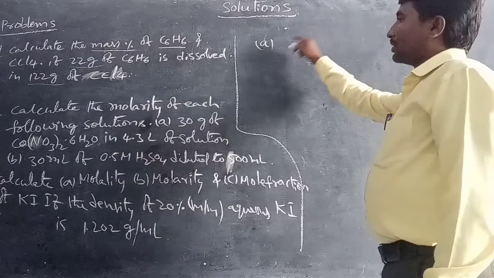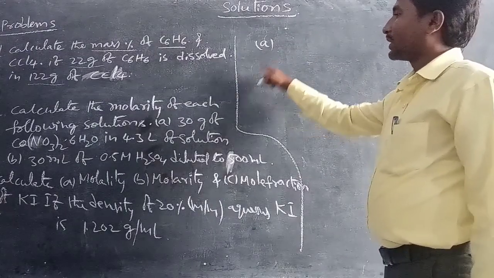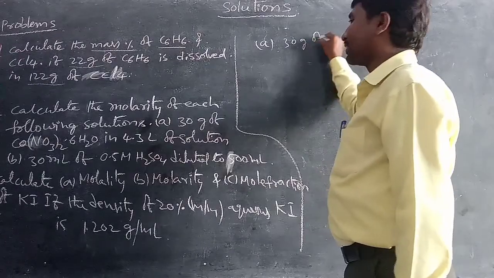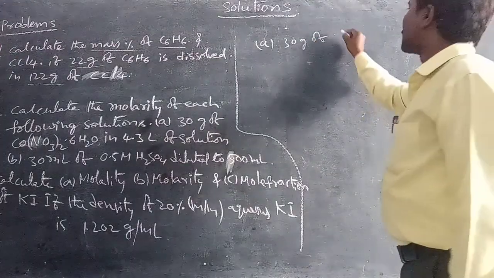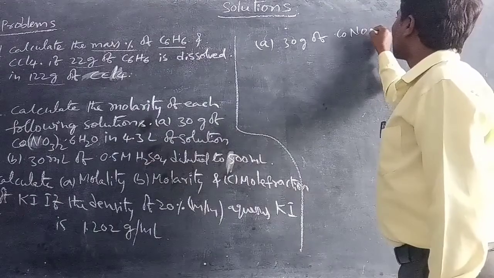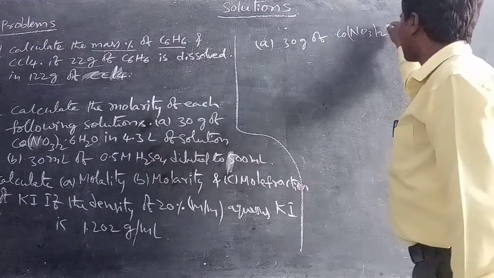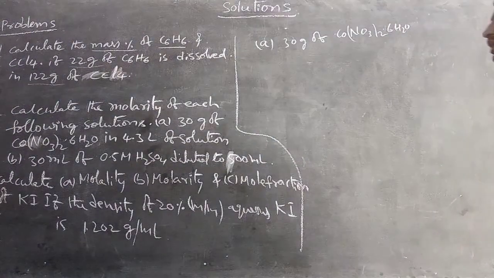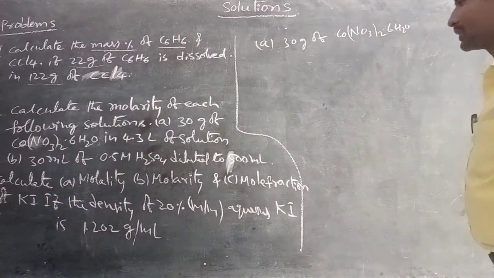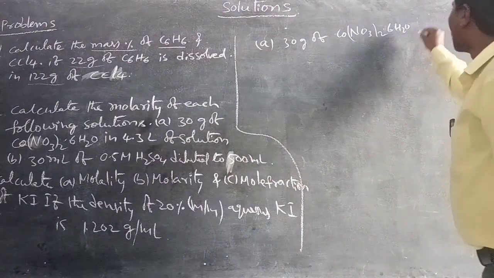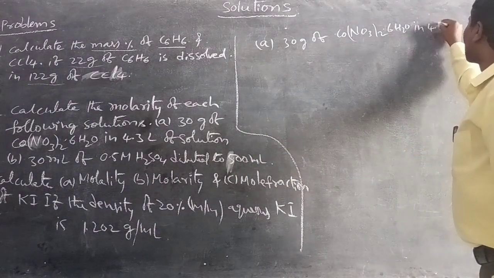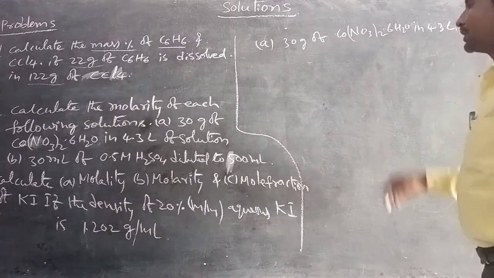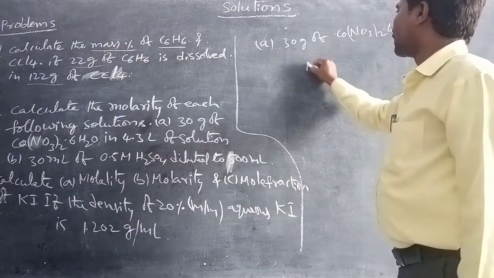So here the first one is A: 30 grams of Co(NO3)2·6H2O in 4.3 liters. Here molarity will be calculated.